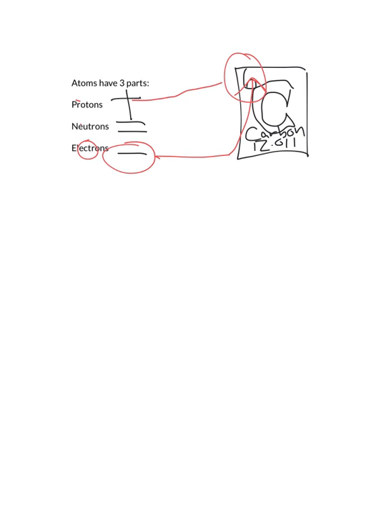So, anyway, before you get too confused, the way you figure out how many neutrons there are is you take the atomic mass and subtract the atomic number. So the atomic mass, you just round it to the nearest whole number.